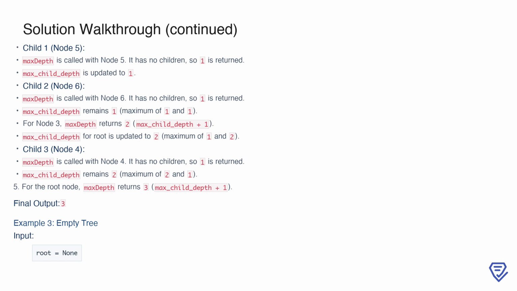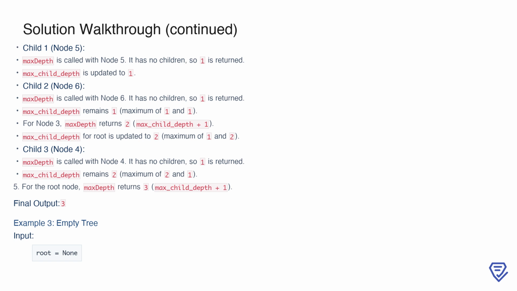This updates the max_child_depth for node 3 to 1. The second child of node 3 is node 6. Similarly, maxDepth is called with node 6, and since it also has no children, the function returns 1. The max_child_depth for node 3 remains 1 because the maximum of 1 and 1 is still 1.